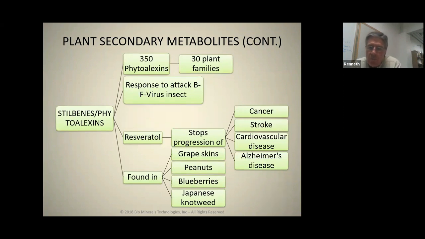The plants produce over 350 groups of phytoalexins. This is a plant's chemistry that allows it to defend itself against soil-borne and airborne pathogens. And these phytoalexins are rearranged according to the plant's needs to defend itself.